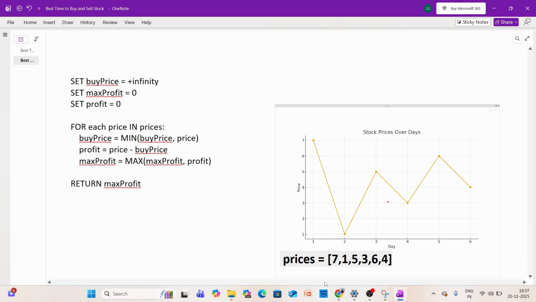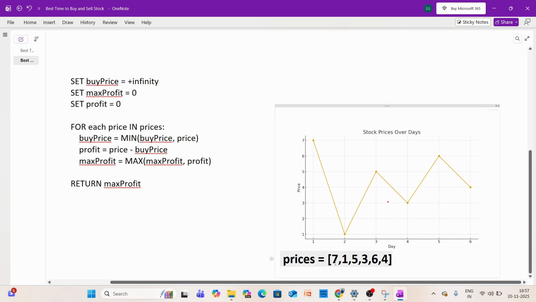The approach is going to be very simple. What we need to calculate is the maximum profit, so we will initialize its value as 0, and we will initialize one more integer value as profit, which we will calculate based on the different values of the array. Also we will set the buy price as the maximum possible value, so that we can replace that.